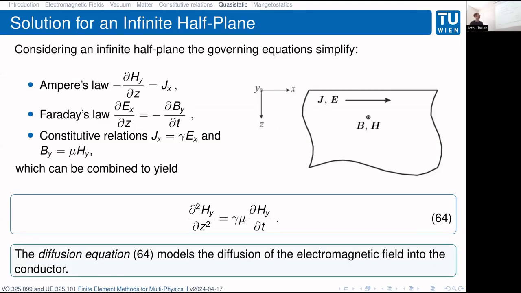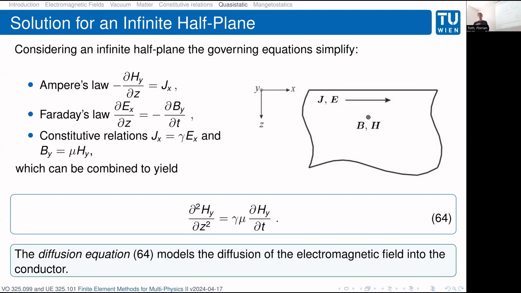So this is the skin effect, so to say. To see this in equations, we will start from the governing equations and first write them for a special case of an infinite half space. So we have a half space that we consider. We have magnetic fields that are pointing into the blackboard, and orthogonal to that we will have the electric fields.